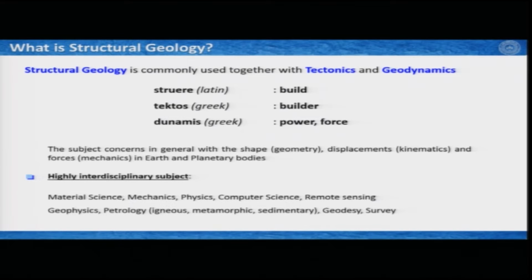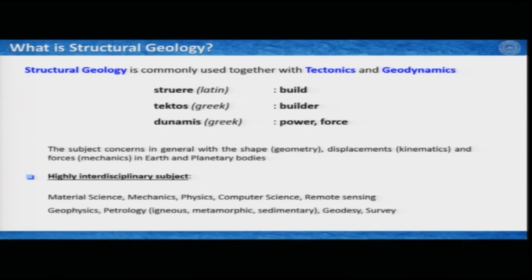So structural geology is certainly all about power, forces, building something, and if you apply power and force, you have to deform, you have to move something from one point to another. So scientifically you can finally conclude that the subject structural geology together with tectonics and geodynamics concerns in general the shape, that is geometry, the displacements, which is kinematics, and forces, so mechanics, in our earth and other planetary bodies.